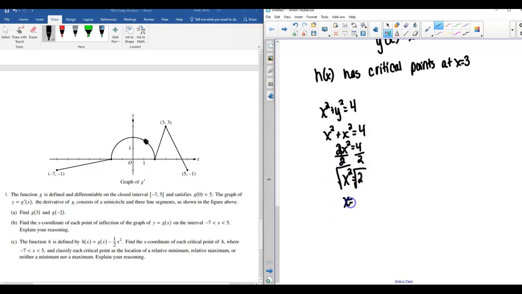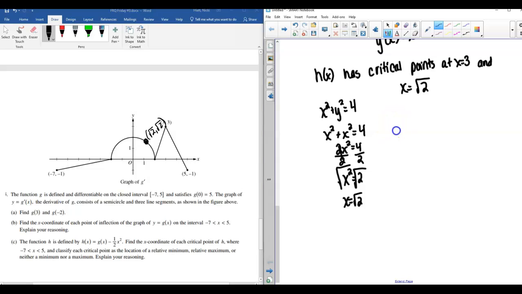So x equals the square root of 2. So my critical points are x equals 3 and x equals the square root of 2, because this point right here would be our square root of 2. So we need to tell whether these are relative minimum, maximum, or neither.